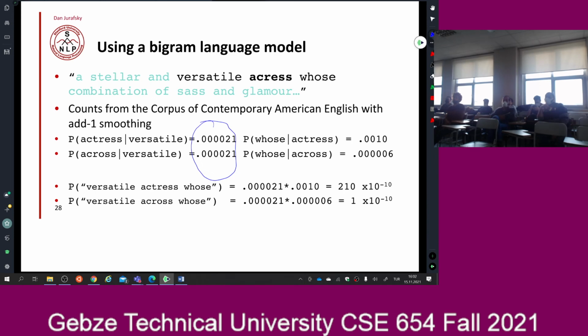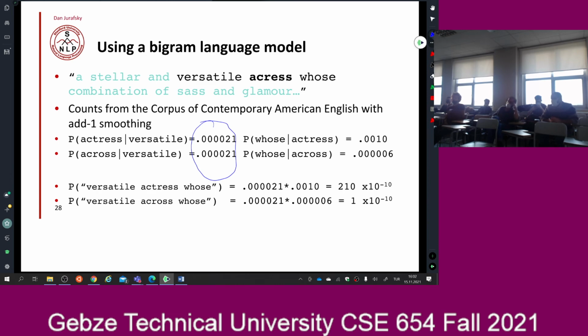Well, why are they the same probability? That's the probability of this one. What is this? I mean, these are two different things. Coincidence? 0.00021. Coincidence? No, it's not coincidence. It's different.